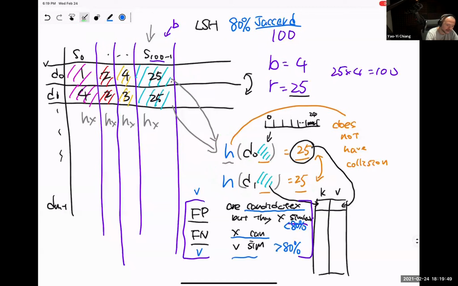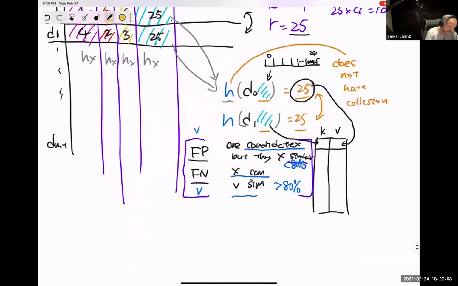When we talk about sample, we talk about block size, right? So how many bands do you have and how many signatures in a band? So that means to look at your false positive and false negative rate, now we collect three things: similarity, so application, and your B and your R.